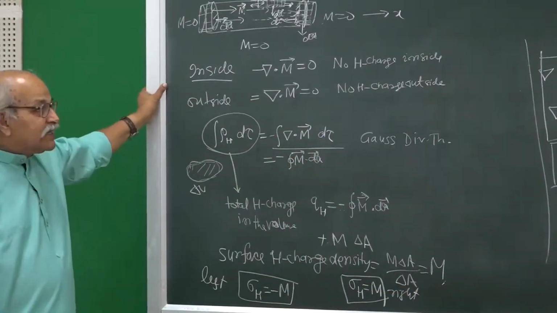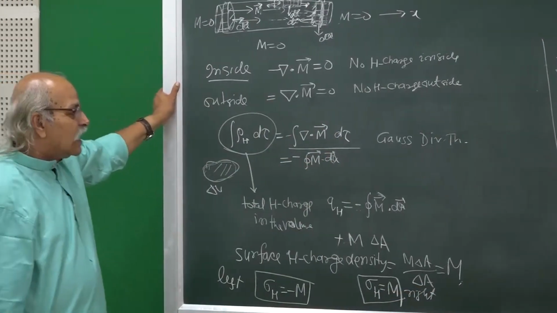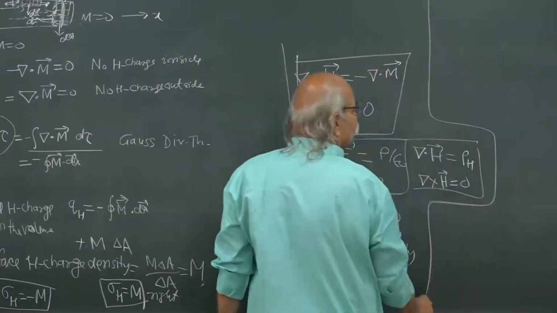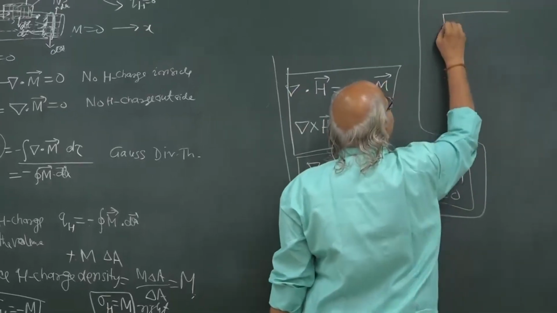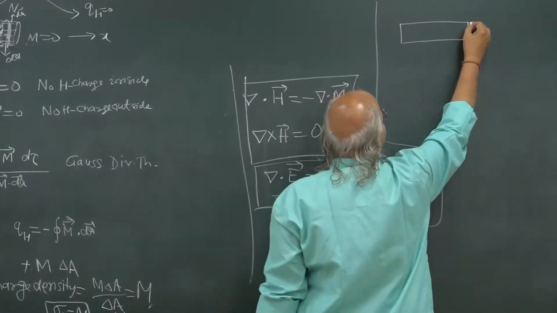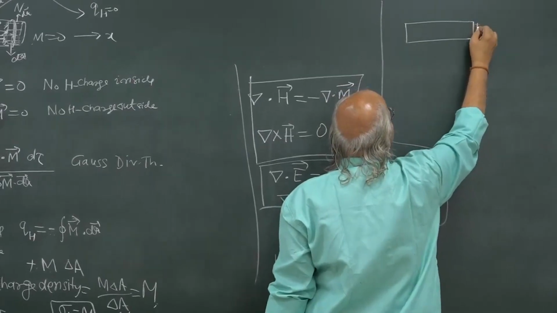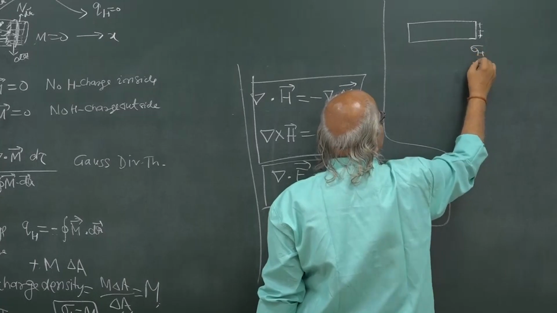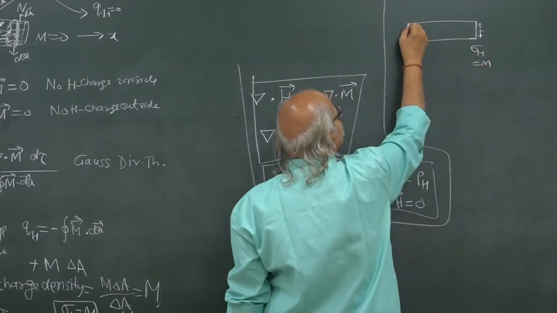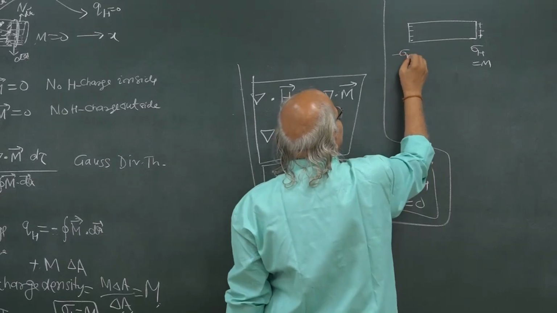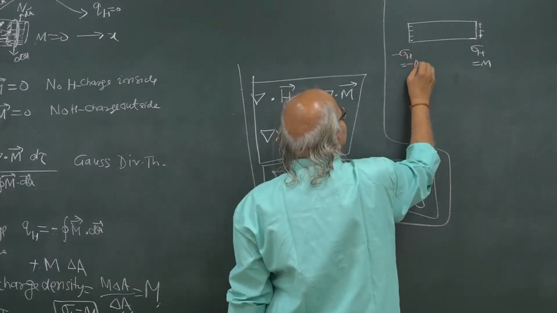So this magnet, I write as having a positive surface charge density here, sigma h, which is M, and a negative surface charge density here, minus sigma h, that is minus M.